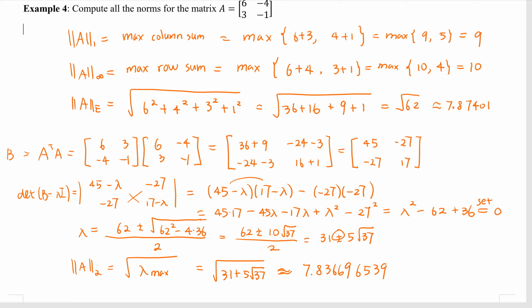That is what we do in general. And after we find 3 eigenvalues, then we pick the largest one and we take the square root of that. That is going to be our L2 norm for the matrix. Okay, all right, let's continue.